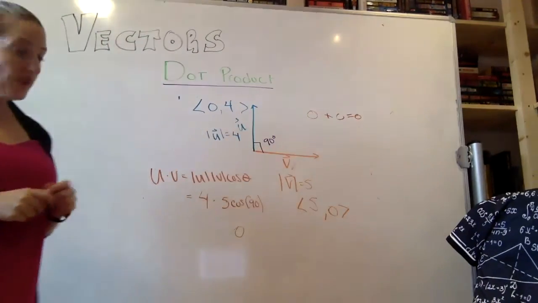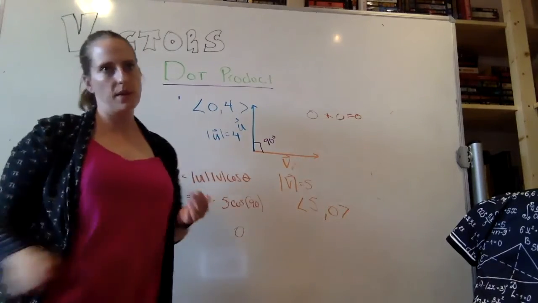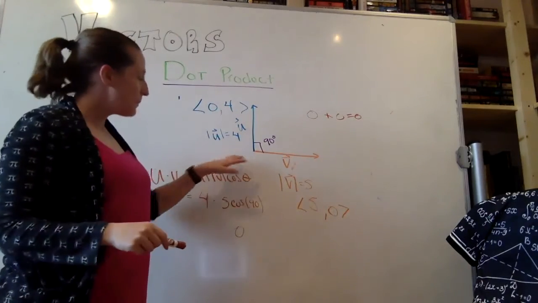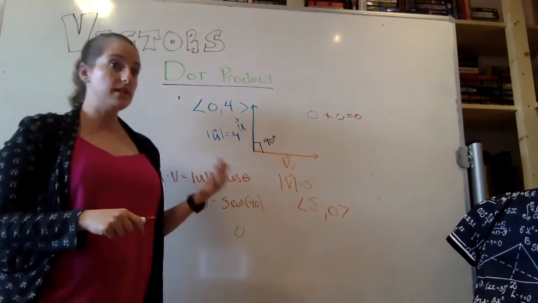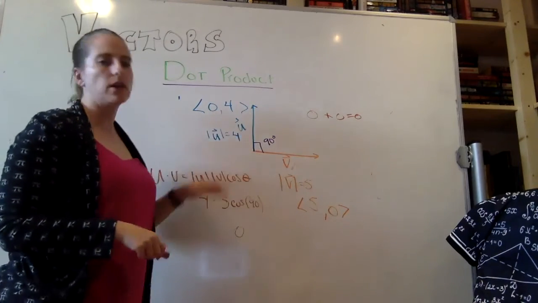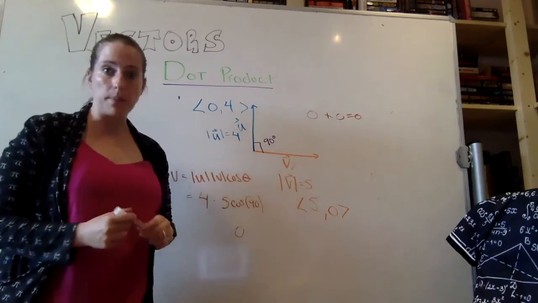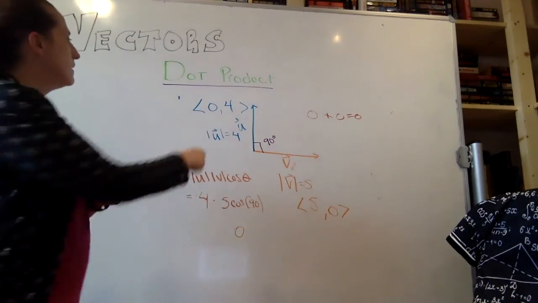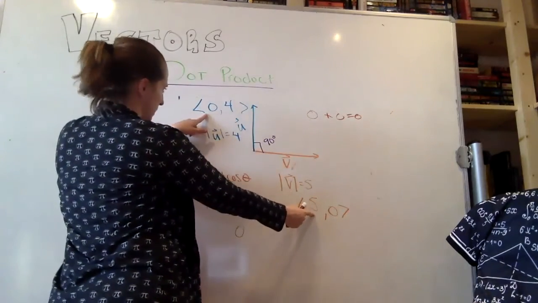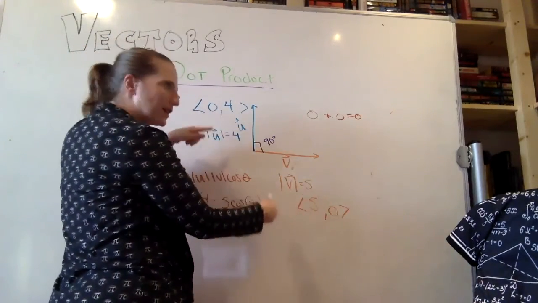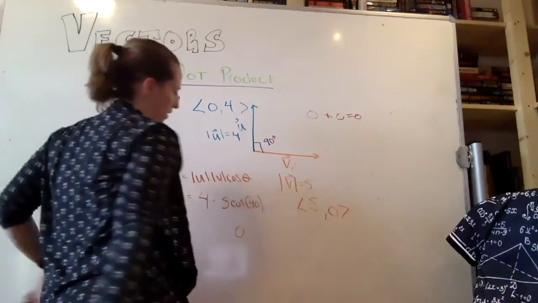So two vectors are perpendicular, also known as orthogonal, which is a fancy way of saying perpendicular, if their dot product is 0. Okay? So that's two interpretations of the dot product. One is if we have vectors in component form, we multiply horizontal components and add those to the multiplication of vertical components.